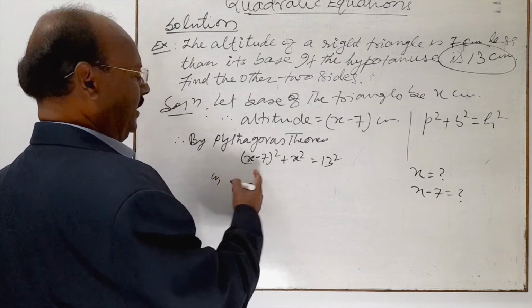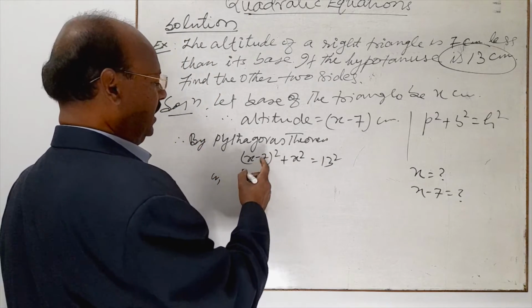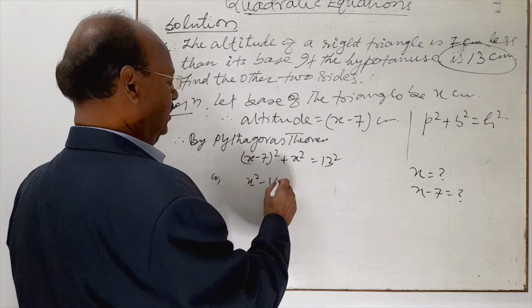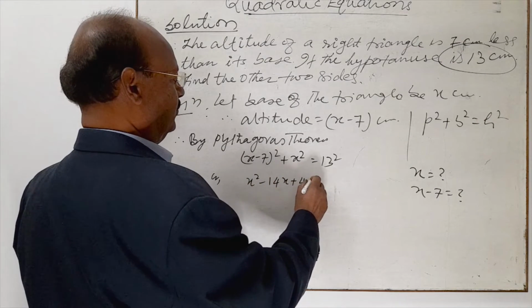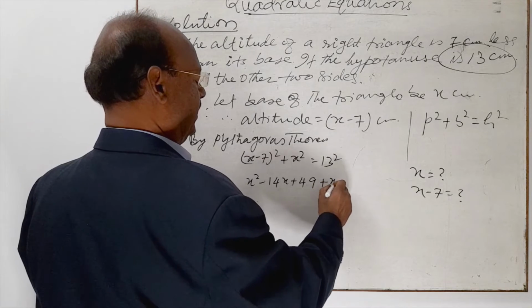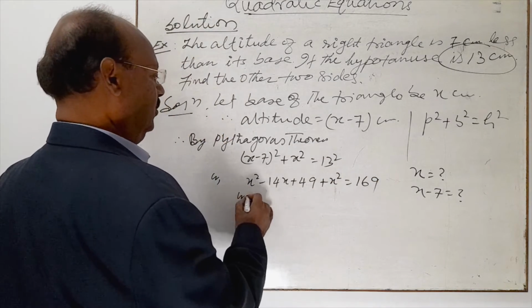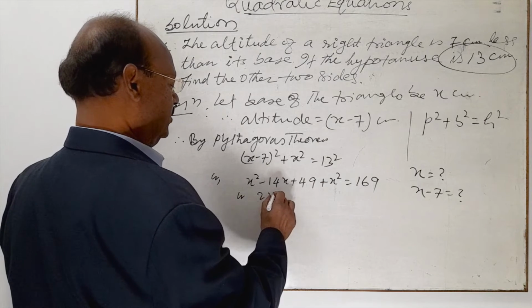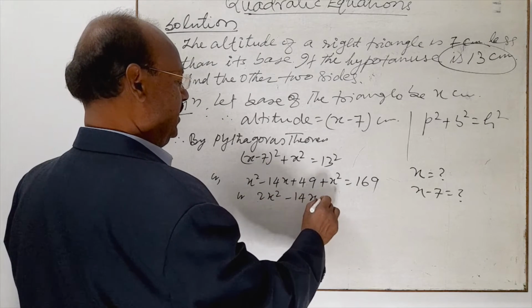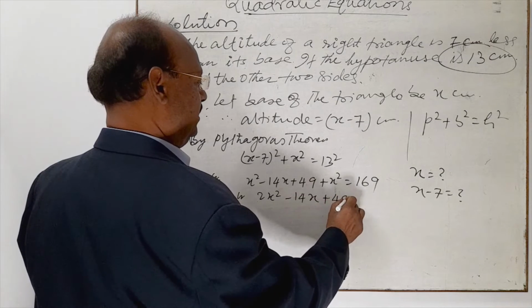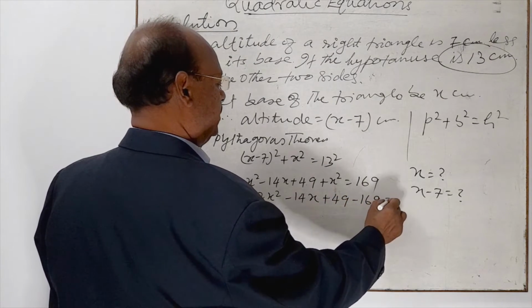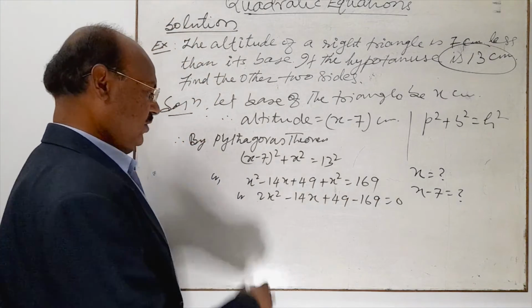By expanding this square, you can write x square minus 14x plus 49 plus x square is equal to 169. Or 2x square minus 14x plus 49 minus 169 is equal to 0.